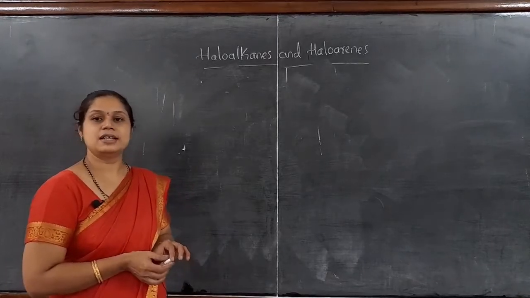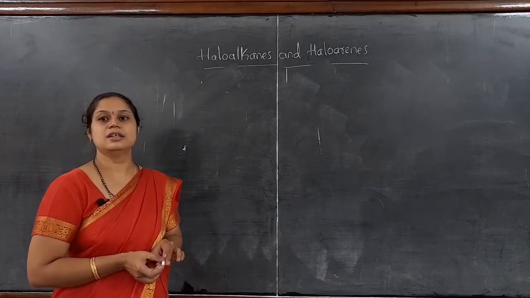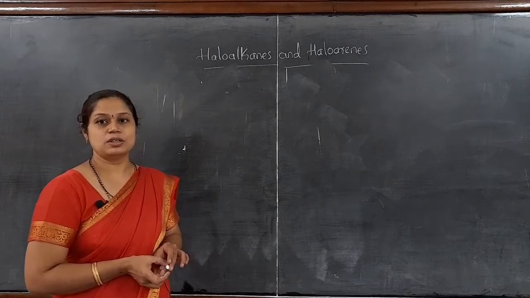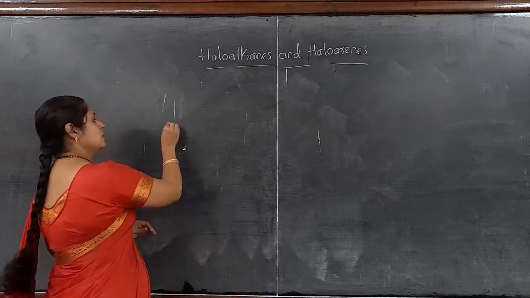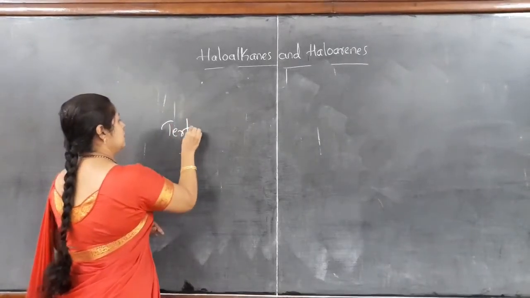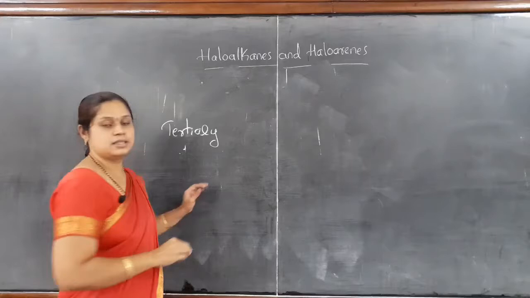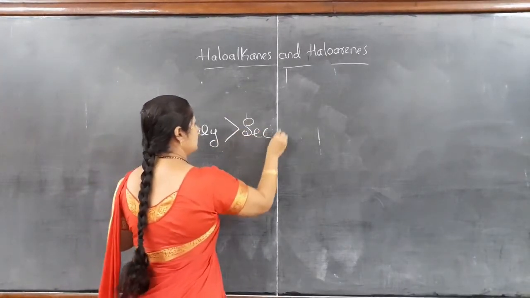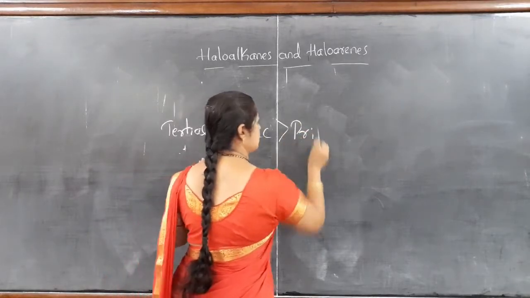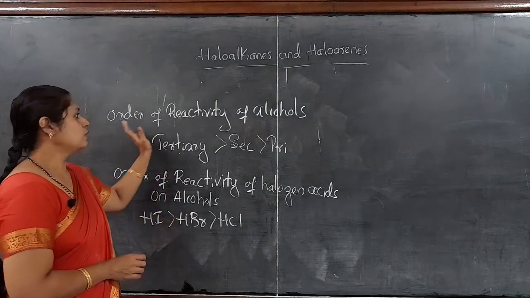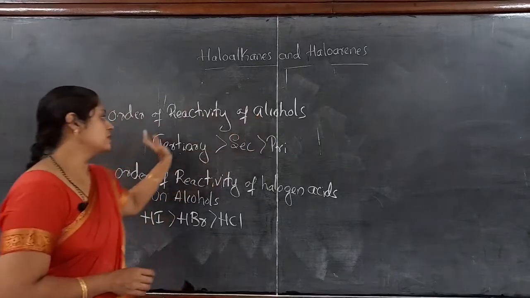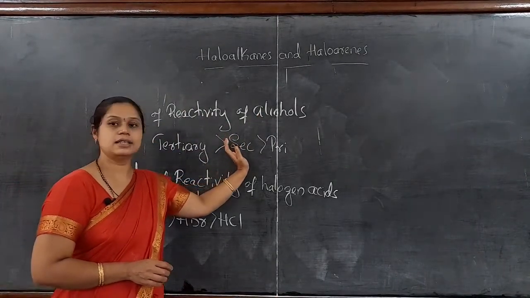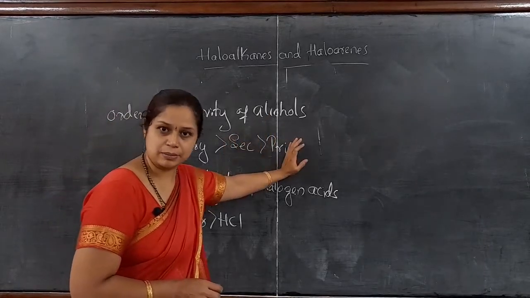Alkyl fluorides are less reactive, hence we cannot prepare them by this method. Now we will see the order of reactivity here. The order of reactivity of alcohols is: tertiary alcohols are more reactive than secondary alcohols, and secondary alcohols are more reactive than primary alcohols.